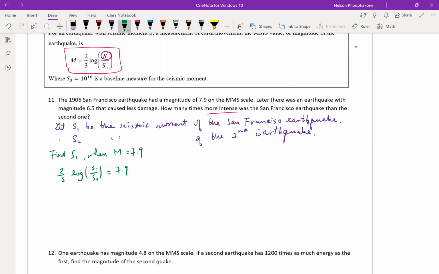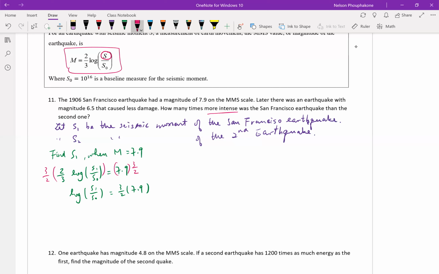Now we are going to try to find the S of 1. So we could have log S of 1 over S naught is equal to 3 over 2 times 7.9. Maybe I should make it clear that we could multiply both sides by the reciprocal of 2 over 3.